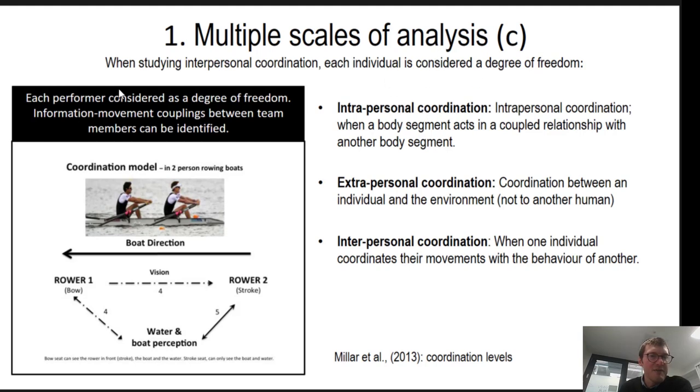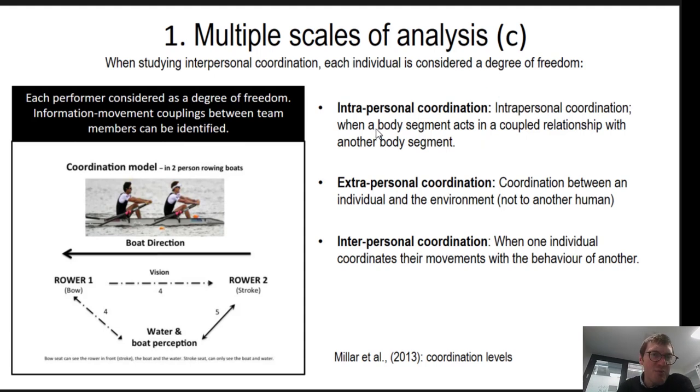And the main difference between the two, like a degree of freedom based on our joints, right? Intrapersonal coordination, where we have body segments acting in some coupled or coordinated way. The thing about these degrees of freedom is they're physically coupled, right? They're coupled by the body segments.